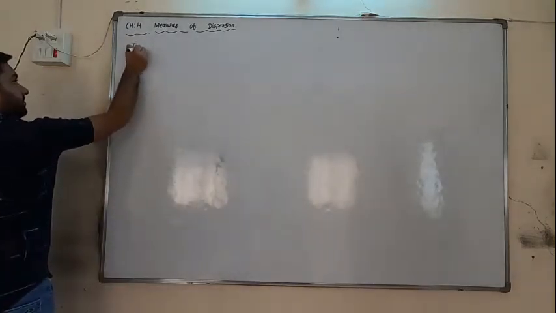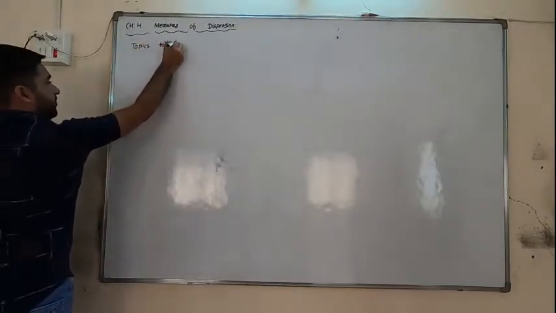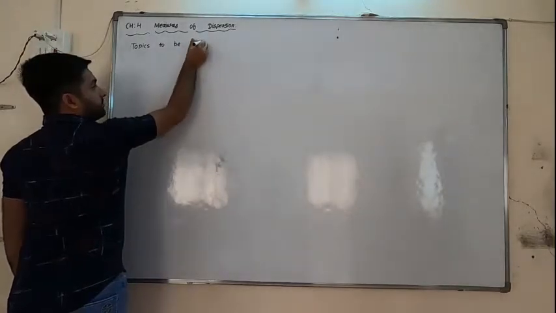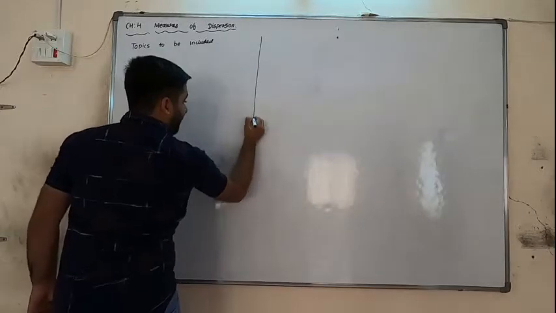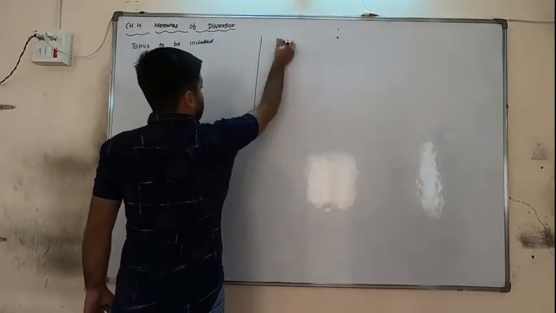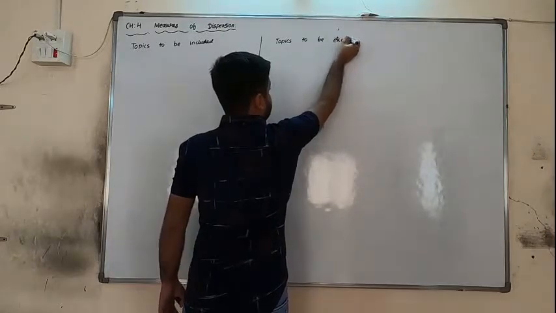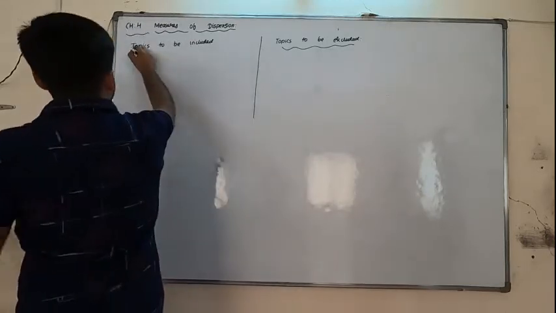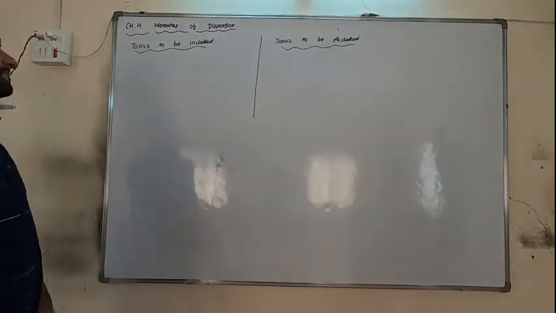In that, topics to be included, topics to be excluded. In the previous chapter I was telling directly, now here some topics are included and some of the topics are excluded, so we can show it like this.